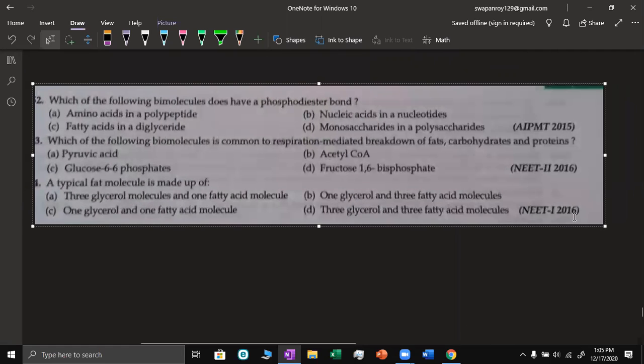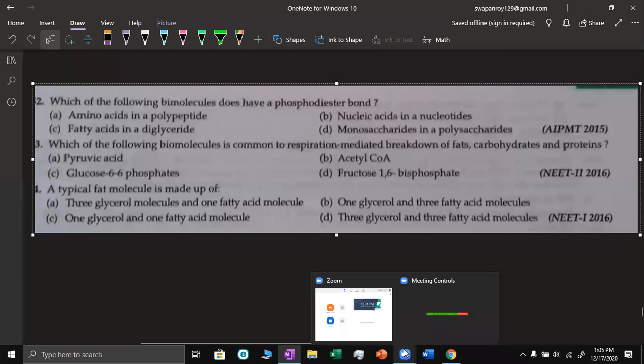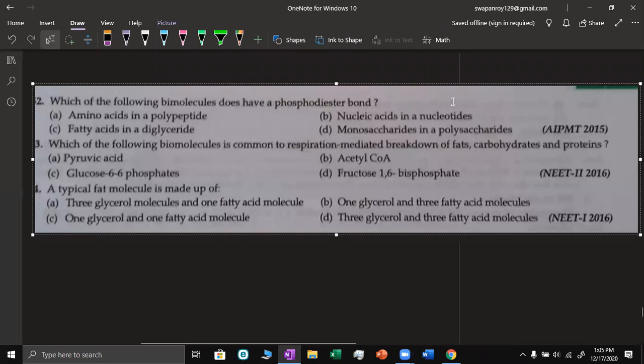This one question is AIPMT 2015, NEET 2016, and NEET 1 2016. So let's quickly do this second question.